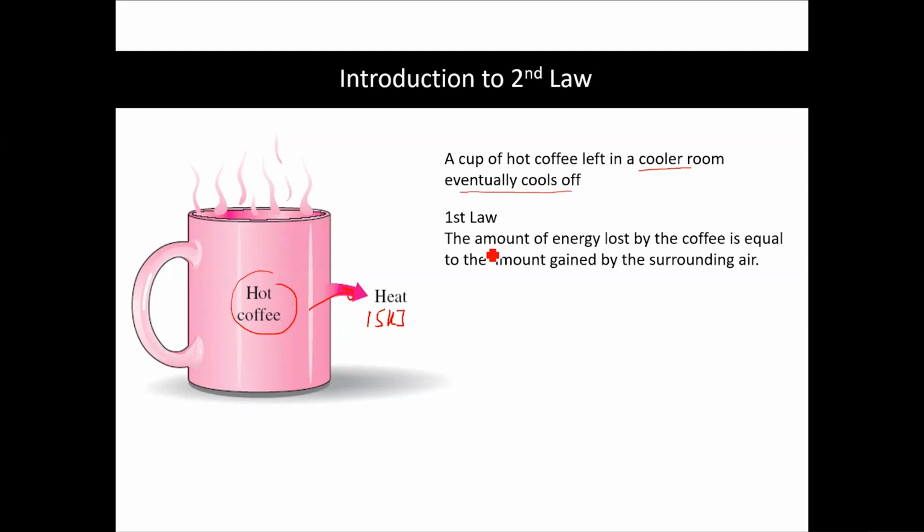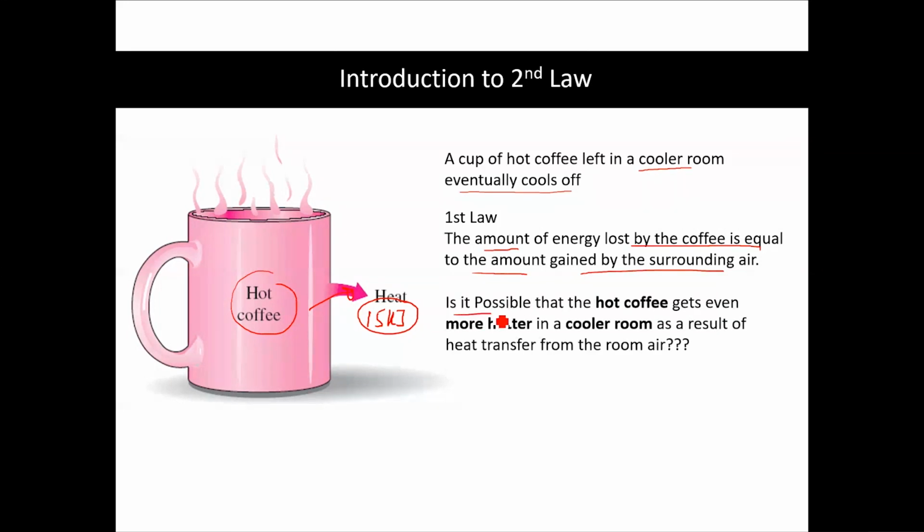The first law says the amount of energy lost by the coffee is equal to the amount gained by the surrounding air. So the coffee lost 15 kilojoules and the surroundings gained the same 15 kilojoules. The first law is satisfied. Now, is it possible that the hot coffee gets even hotter in a cooler room as a result of heat transfer from the room air?